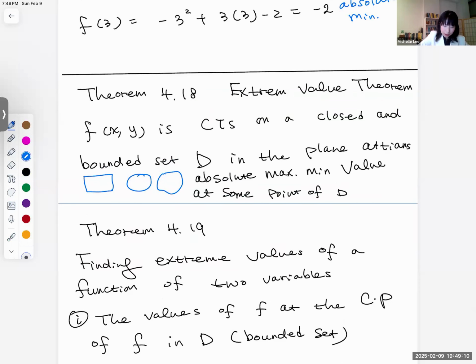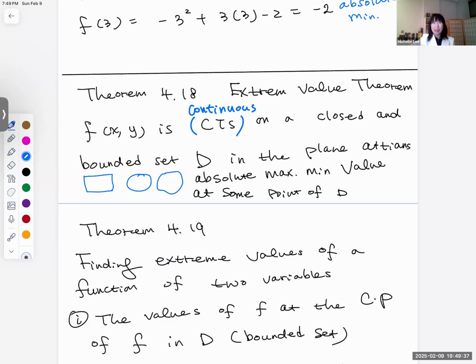So this is continuous, and I denoted it CTS, on a closed and bounded set D. We have a set D, a bounded set, all right? So D in the plane attains an absolute maximum and minimum value at some point of D.